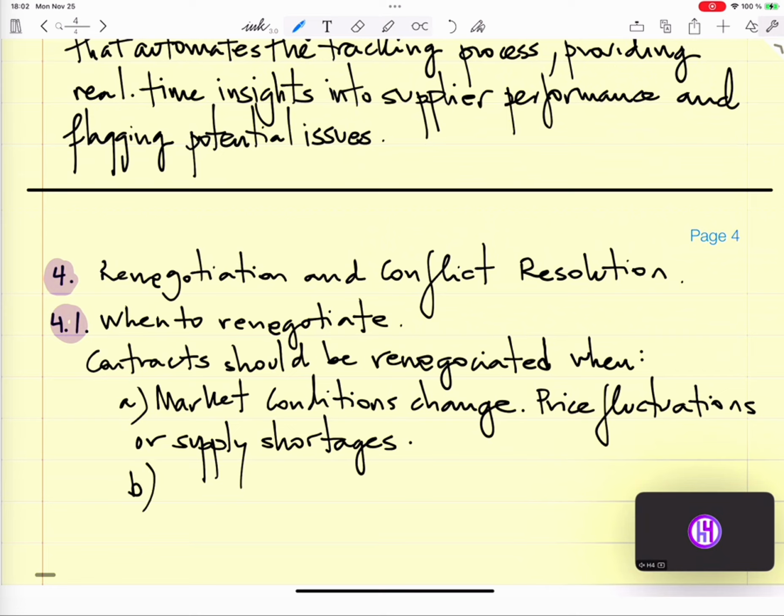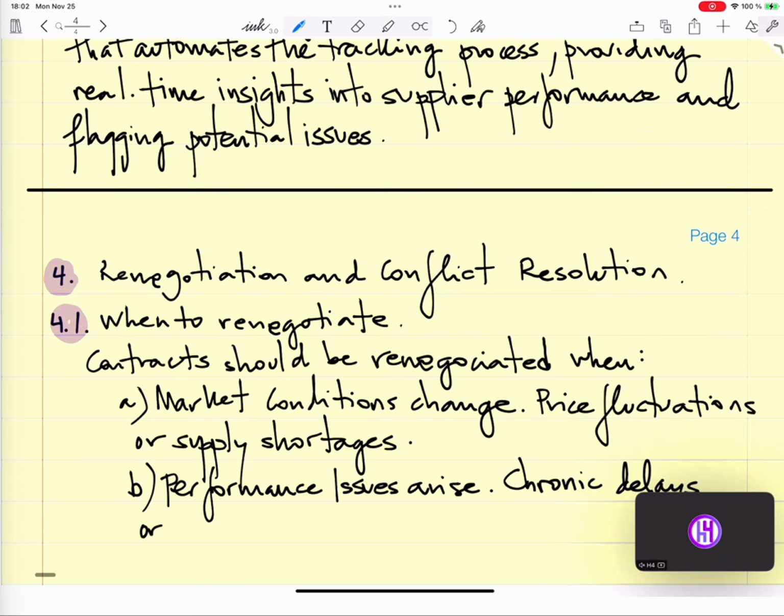B, performance issues arise. Your supplier is not delivering. So chronic delays or quality problems.